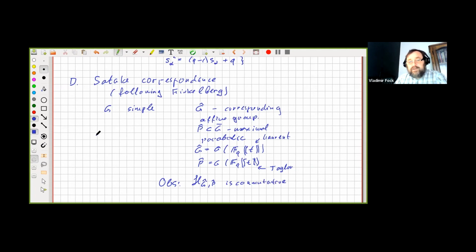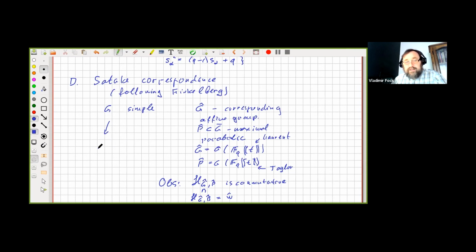On the other hand, you can do the same story, which is actually a subalgebra of H of G hat over B hat, where B hat is the Borel, which is non-commutative, and as a vector space is isomorphic to W hat, which is the affine Weyl group. Every time I write hat, I mean the affine version of it.